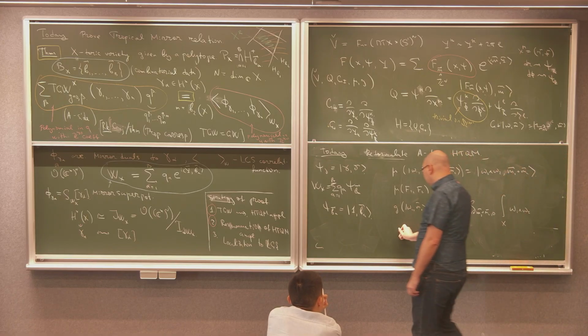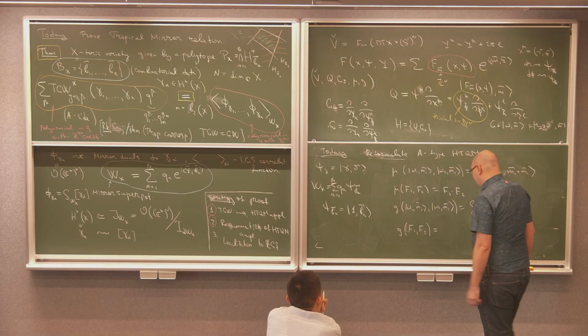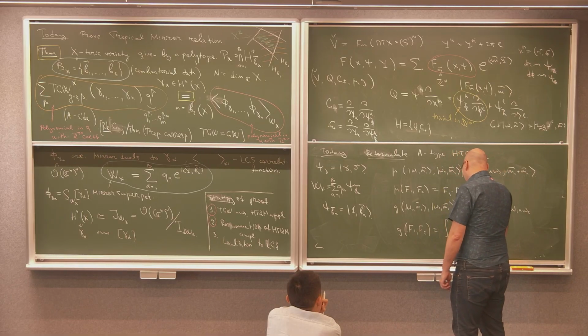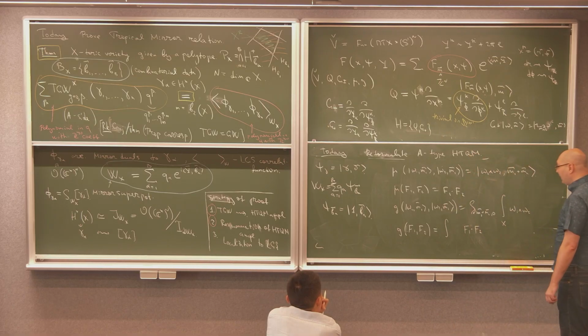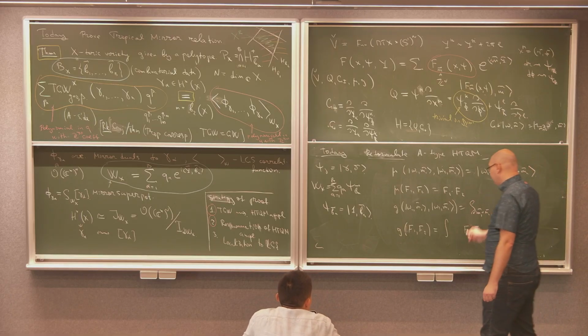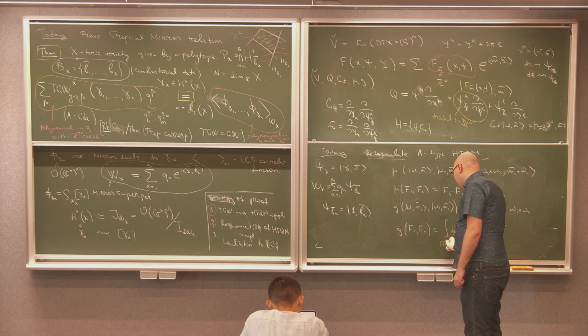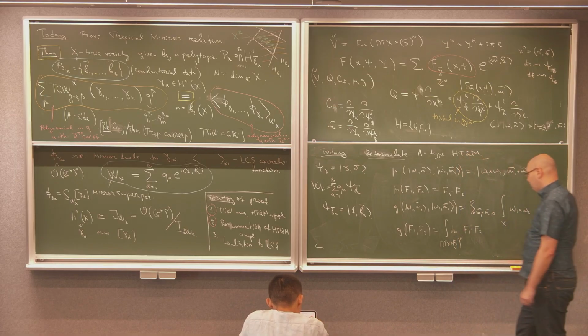So now G on a pair of functions f1 and f2 is very simple. We take the product f1 times f2, and then on this supermanifold we have some standard integration measure, and we integrate over PTX and S1 to the power n.